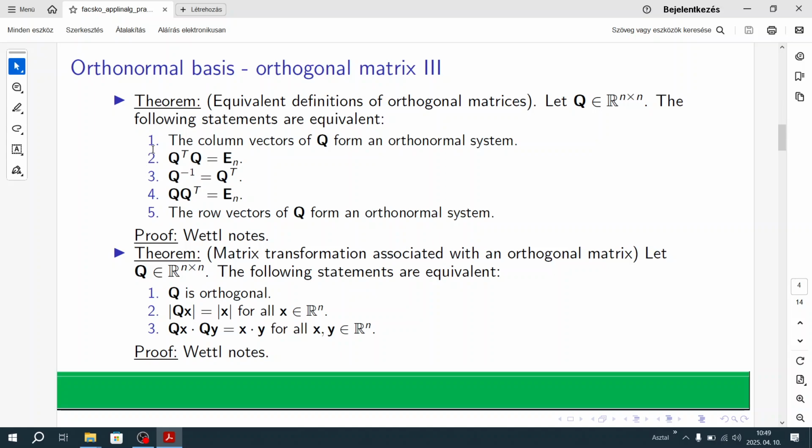Here I have this and I have a vector. So what will I get?